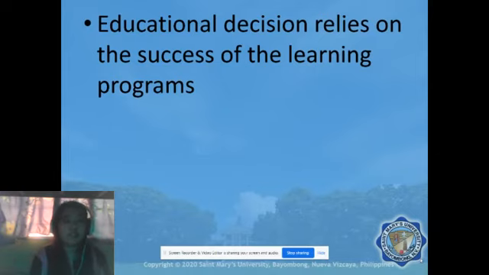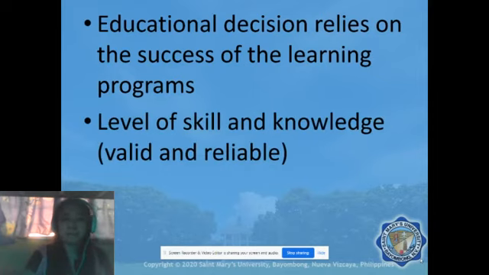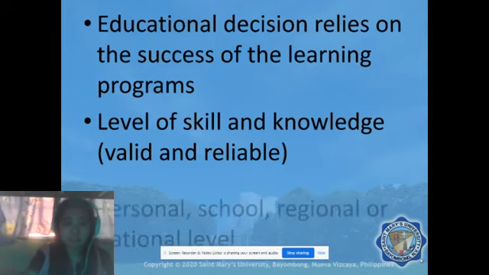Because if not, of course, if not changing totally, you also need to come up with a decision for you to just to modify it for the students for maybe the coming years. Okay. And also, in assessing now the level of skills or the level of the knowledge, you also must consider that the test that you're going to use is valid and reliable.